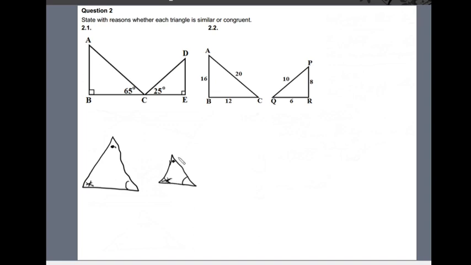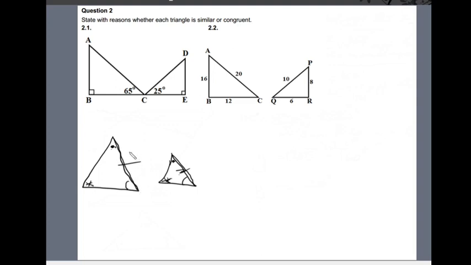These two triangles will be similar because the corresponding angles are equal. And then if the corresponding angles are equal, the corresponding sides will be in the same proportion. So this side will be in the same proportion to this one.